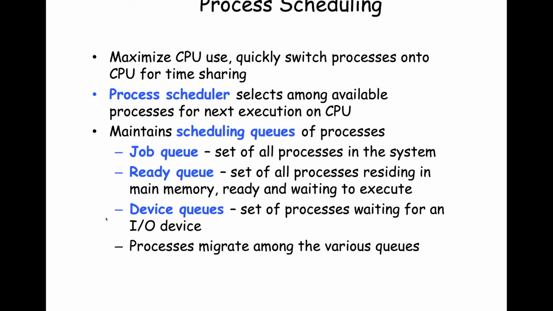If a process is waiting on the network device, it's in a separate linked list, the device queue for the network. If it's waiting for the disk, it's in a separate device queue for the disk. Each device queue lists all of the processes that are waiting for information from that particular device. And the processes will migrate, they'll move from one queue to the next, depending on whether they are waiting for a device, they can be scheduled, or what have you.